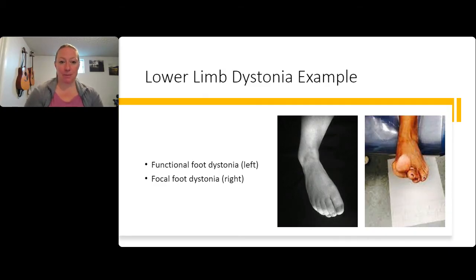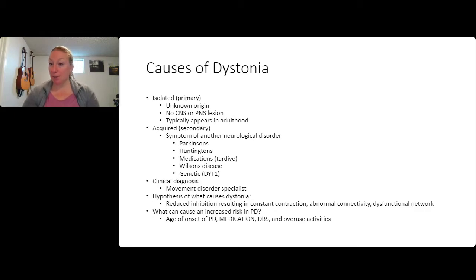Okay. So there are different causes for dystonia, just to give you a little bit of background, because it will help guide your treatment, but I don't want to spend too much time on it. Obviously there's isolated or primary, where it comes from an unknown origin and it's the primary diagnosis, like the cervical dystonia is their diagnosis.